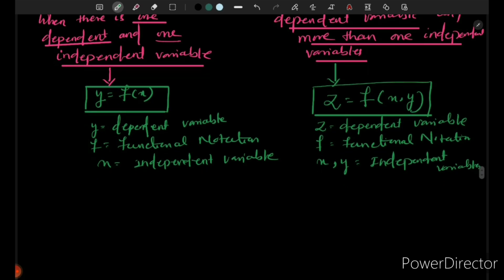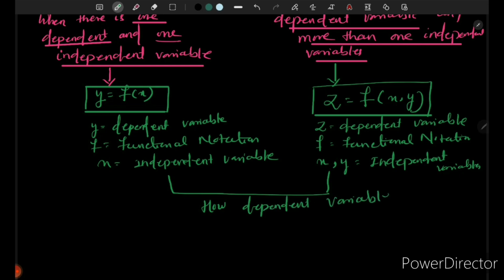So since dependent variable is depending on independent variable, now our purpose is to find out how dependent variable is affected by independent variable.